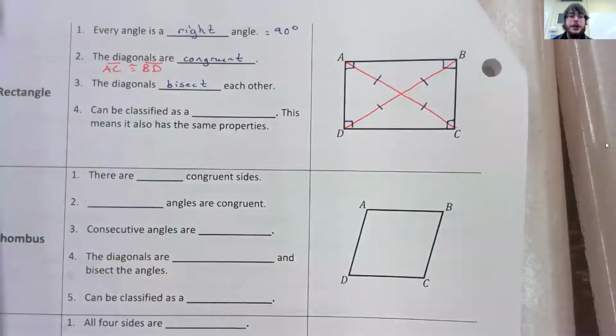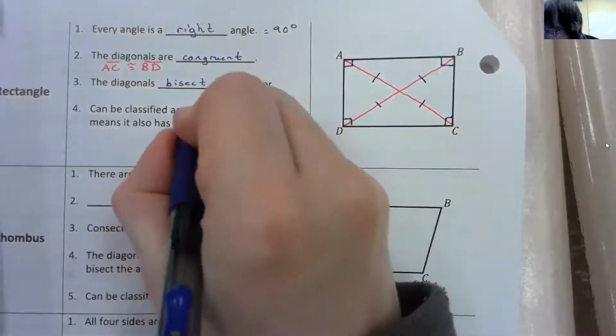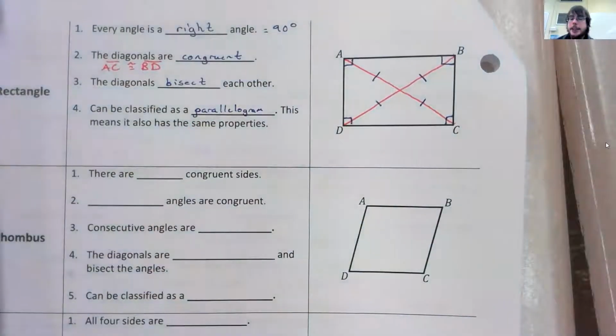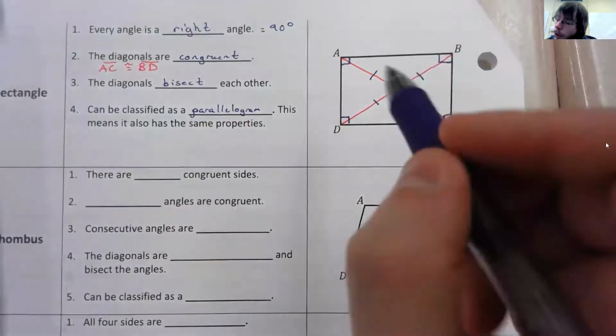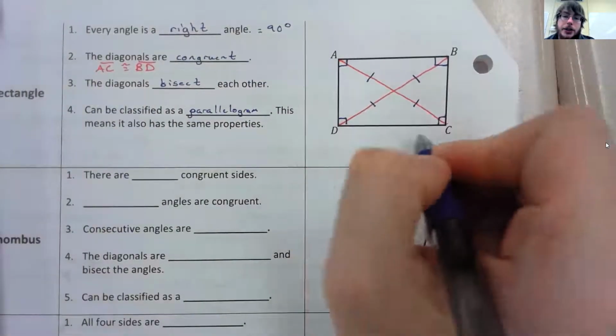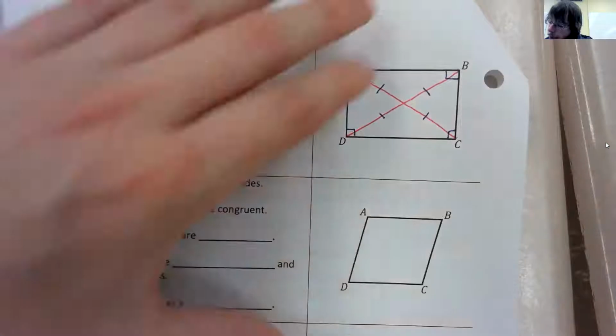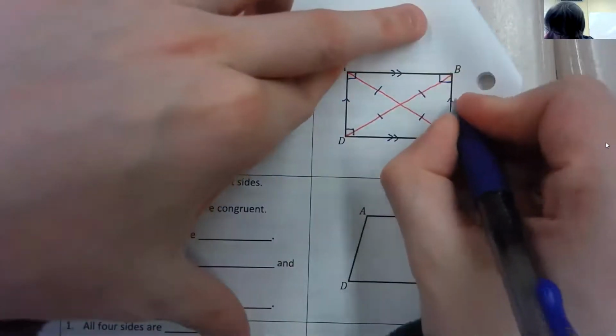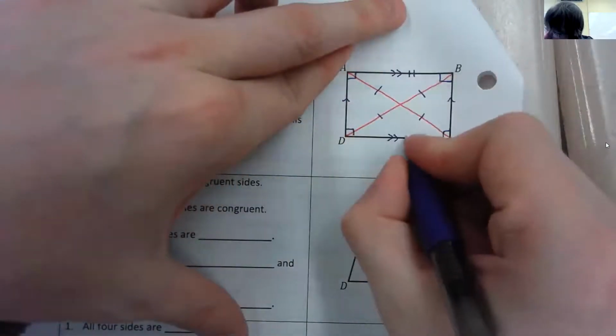And then the last thing, it can be classified as a parallelogram as well. This means it also has the same properties as the parallelogram. So what makes a parallelogram? You have two pairs of parallel sides and two pairs of congruent sides. So these two would be parallel, these two would be parallel, these would be congruent, and these would be congruent.